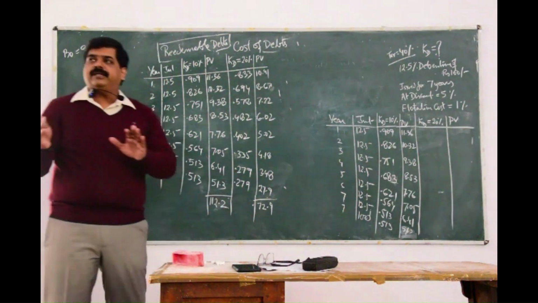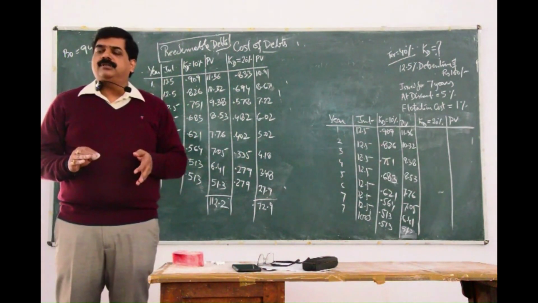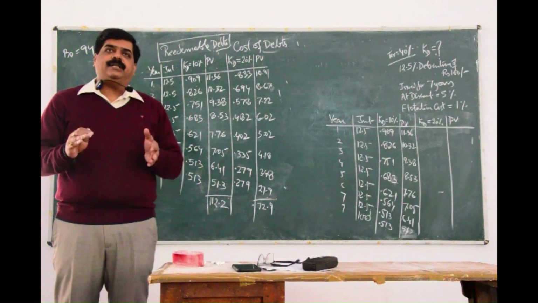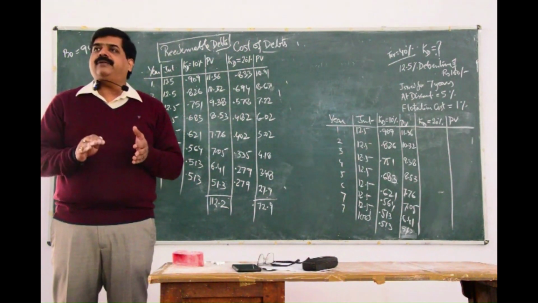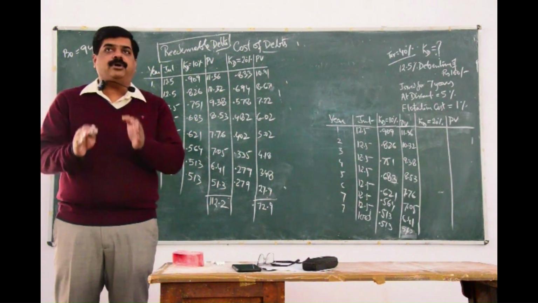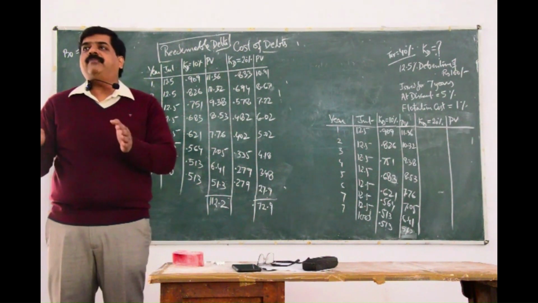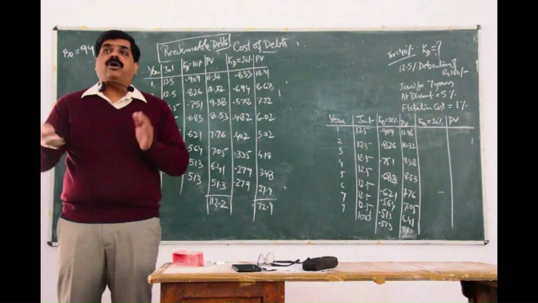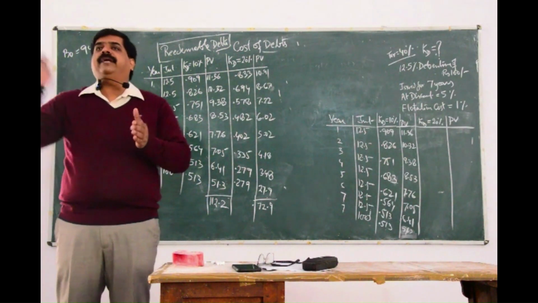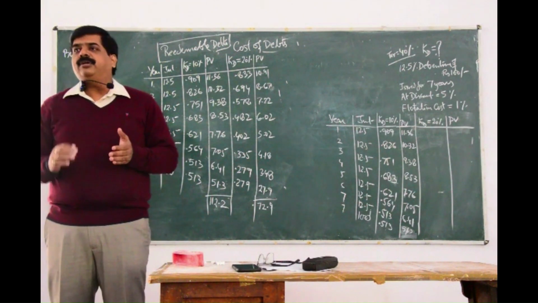That means now it is less than 94. That means at 10% it is more than 94, at 20% it is less than 94. So we are sure the value of KD lies between 10 to 20. Somewhere between 10 to 20, or else we can say 10 plus something, but less than 20.